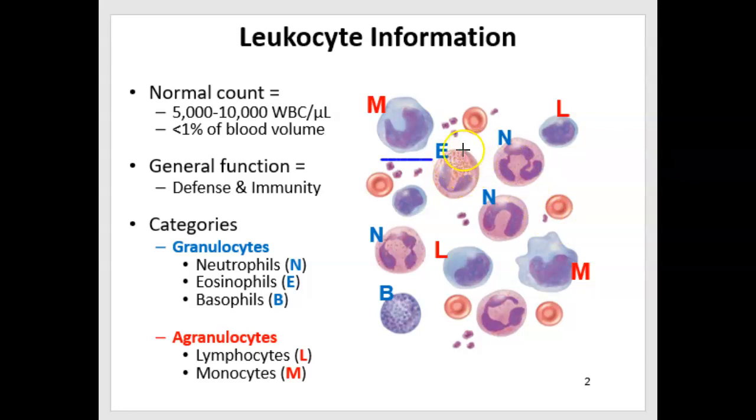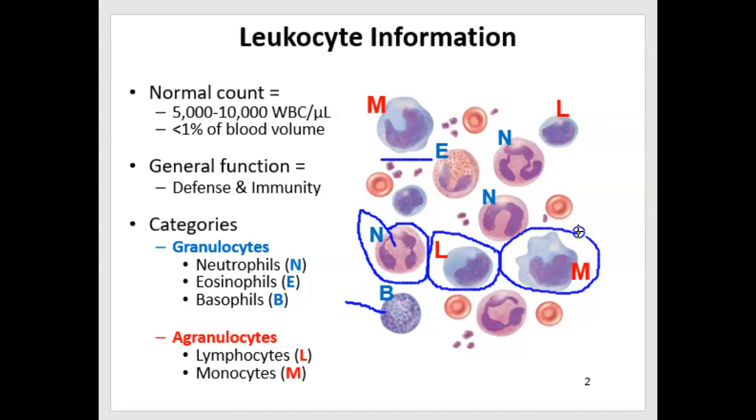Those are called specific granules. Even neutrophils have them, the cell labeled N, and basophils have those. But the cells that don't are called agranulocytes, and they include lymphocytes and monocytes.